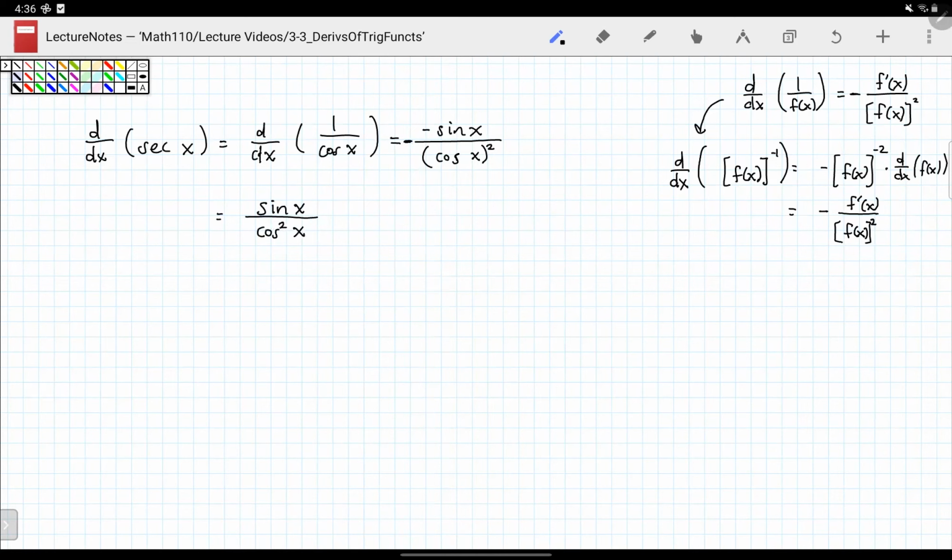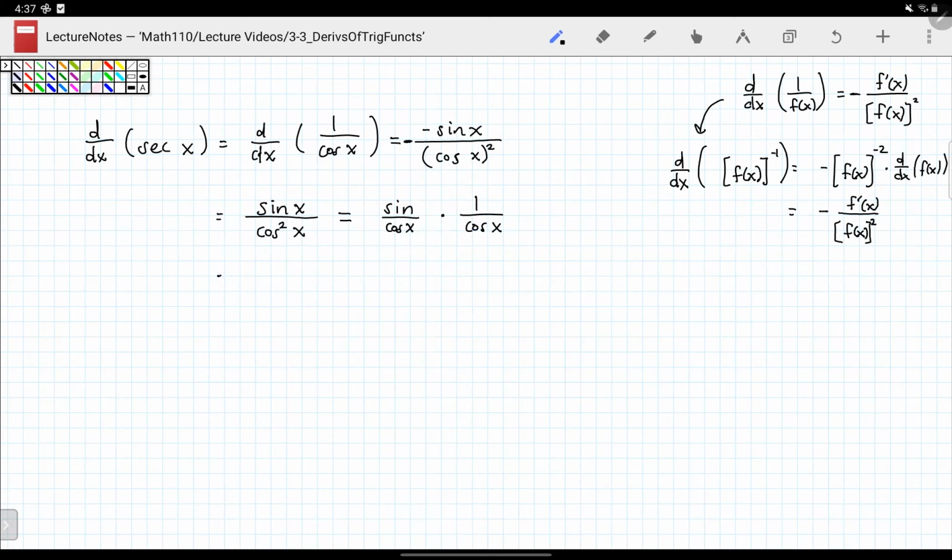We could leave it this way, but another way to make a clean presentation, and the way that is most often presented, is I take one of the cosines to put with a sine, and then I also have the 1 over an extra cosine in the denominator. So we have sine x in the numerator and two factors of cosine in the denominator.